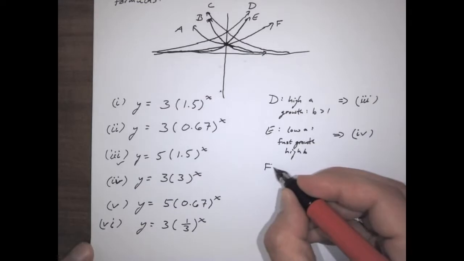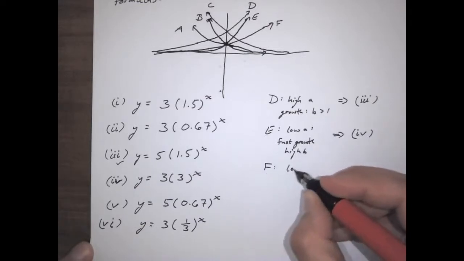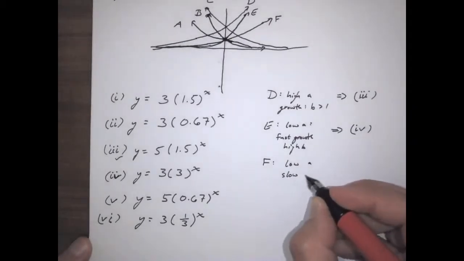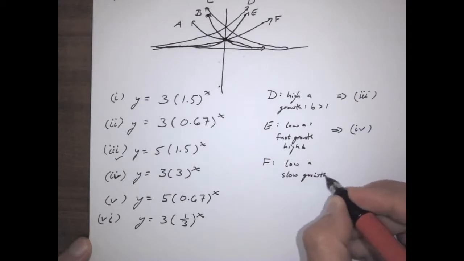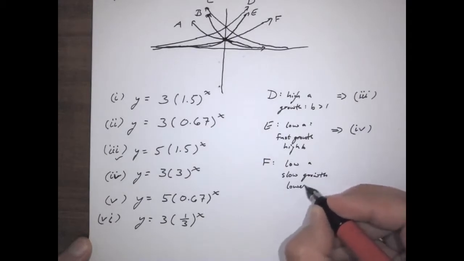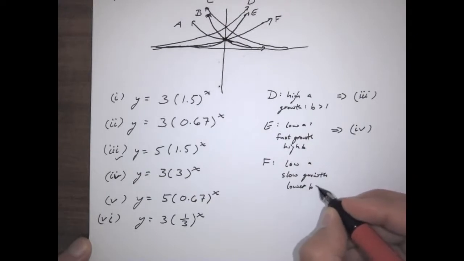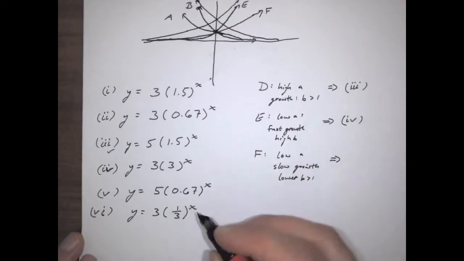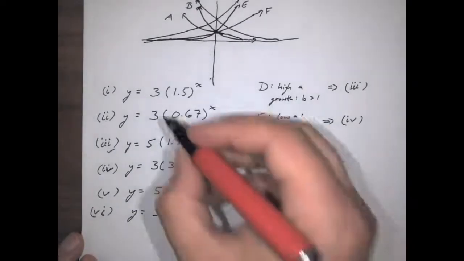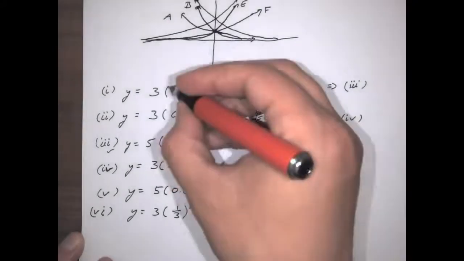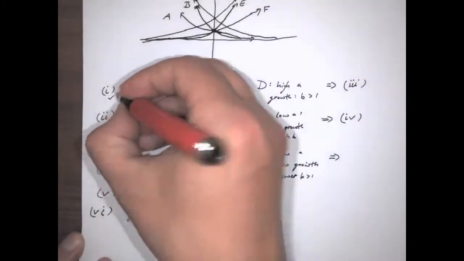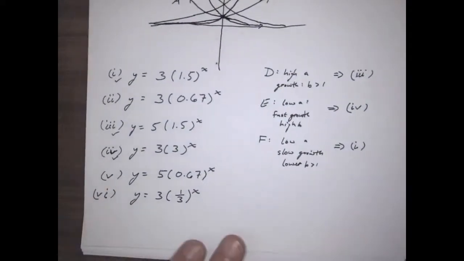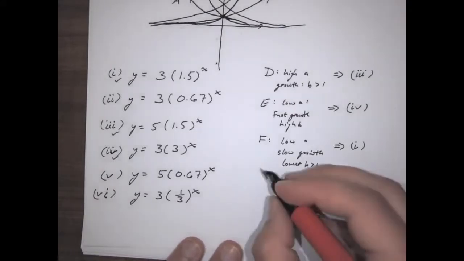As for f, it's got the low a and slow growth, which means the lower b, but still greater than 1. So lower a just means the 3 in front, and the lower b, this one's also taken, means we're talking about function 1. So d, e, and f would be 3, 4, and 1.